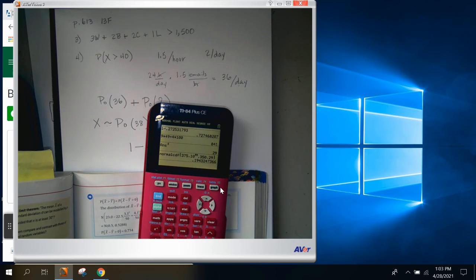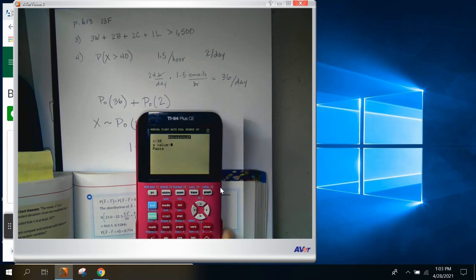Okay, so here we go into the calculator. I want 1 minus my distribution, and it's going to be Poisson cumulative. There it is. My lambda is 38, and my x value is 40.